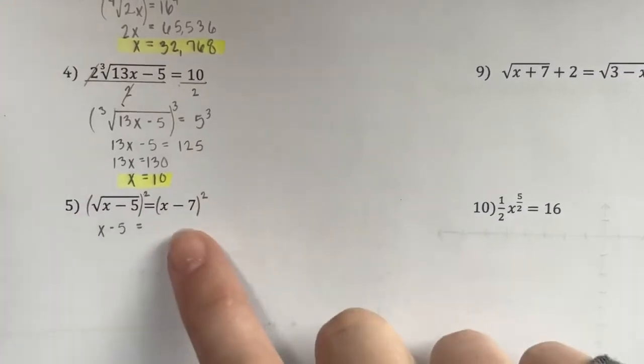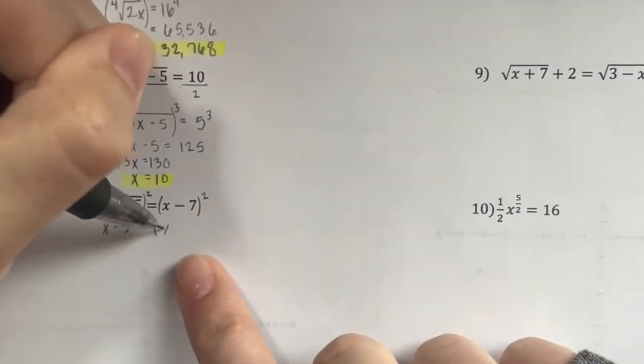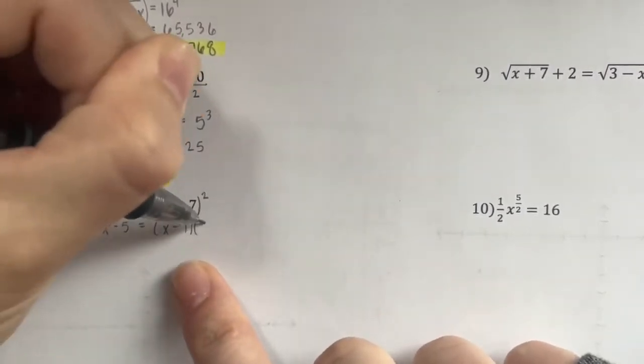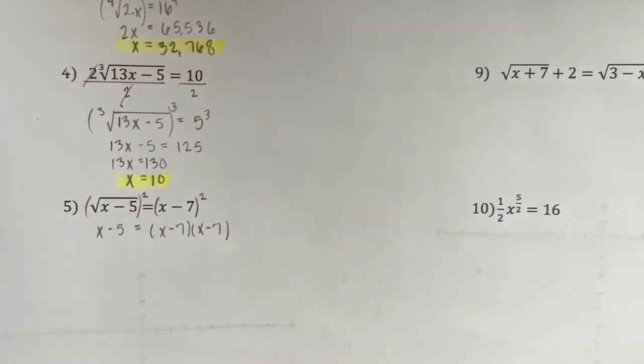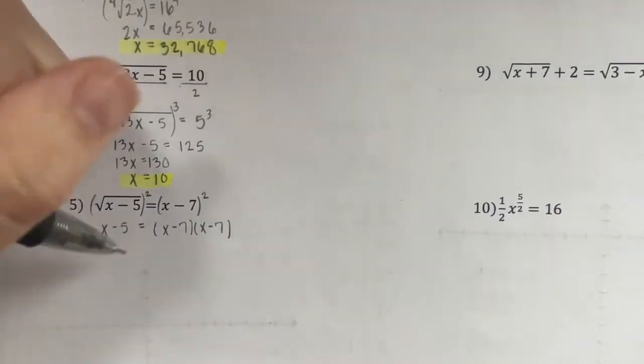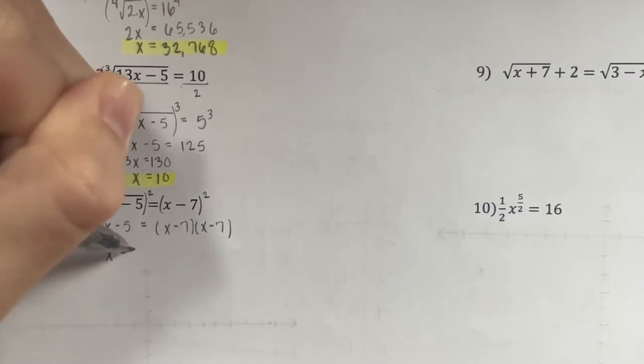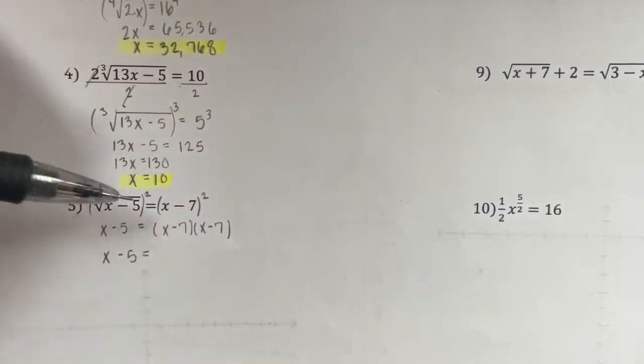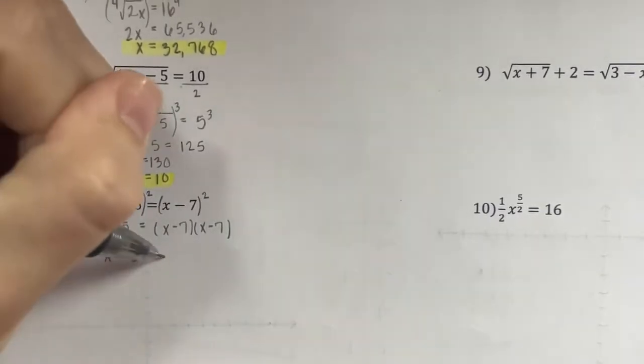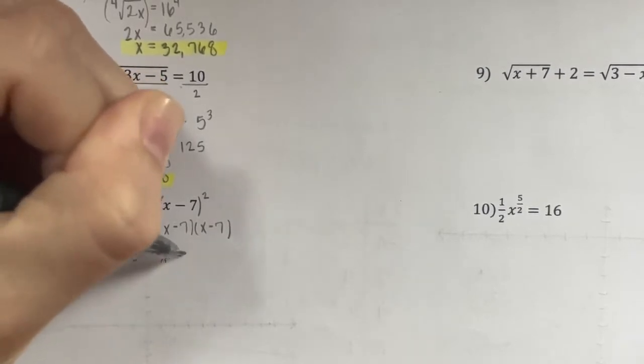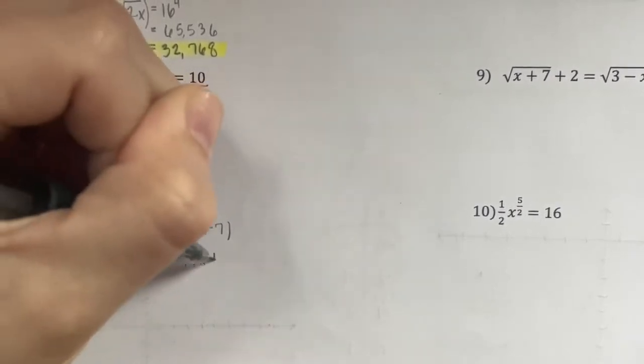And then the x minus 7 is a binomial squared, so x minus 7 times x minus 7. The x minus 5 can't be simplified further right now, so I'm going to leave it alone. And then x minus 7 times x minus 7, if we FOIL that, turns into x squared minus 14x plus 49.